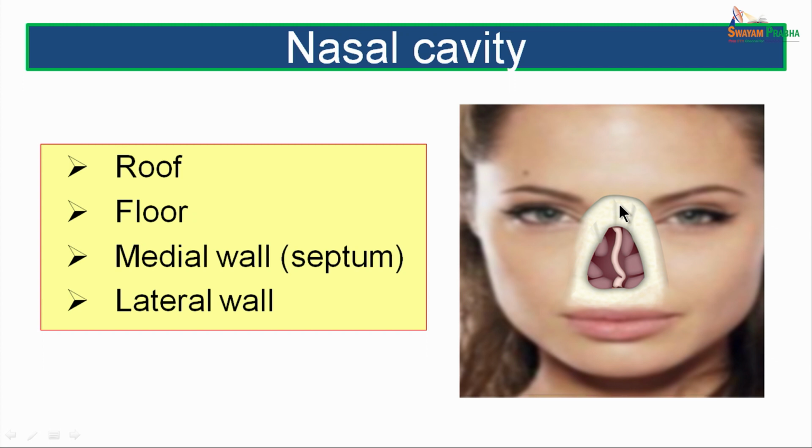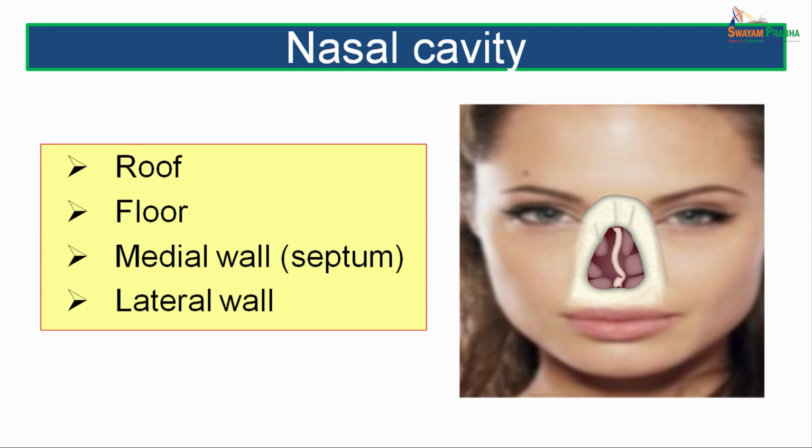And what we see here sloping downwards and laterally is the lateral wall of the nasal cavity. As is seen here, this lateral wall is further strengthened by 3 curved bony projections, which are known as the nasal conchae or the turbinates.